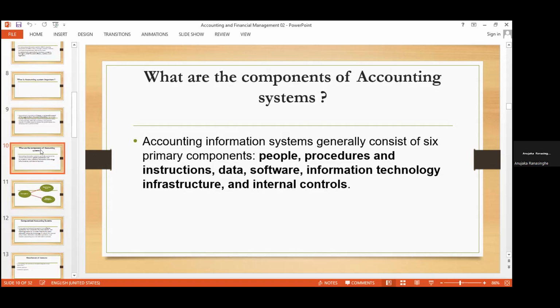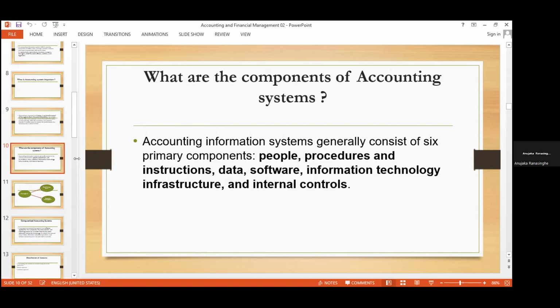What are the components of an accounting system? Components means elements, persons. The components are people, procedures and instructions, data, accounting software, information technology infrastructure, and internal controls.